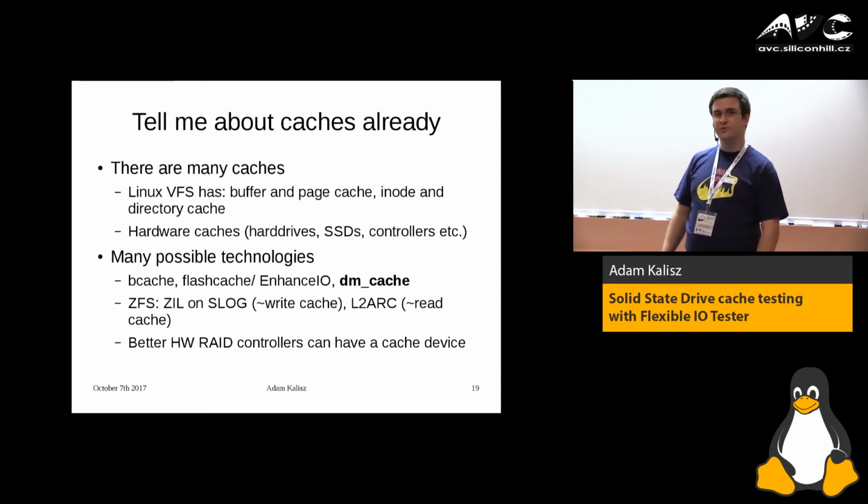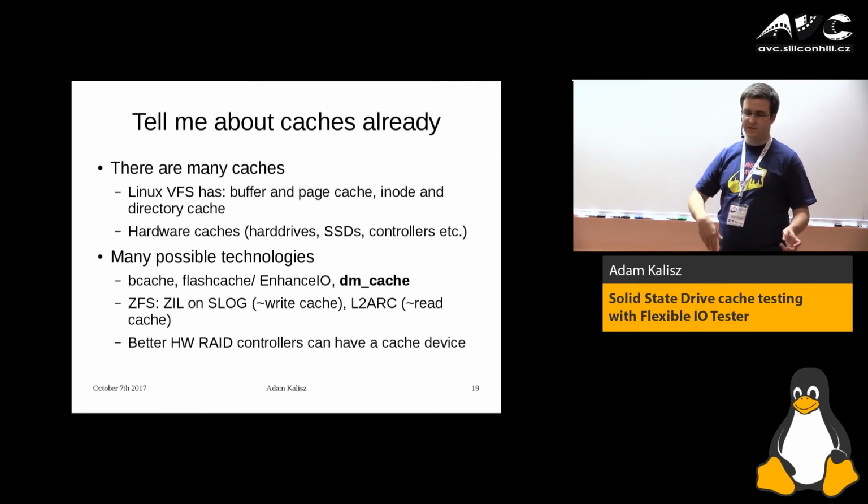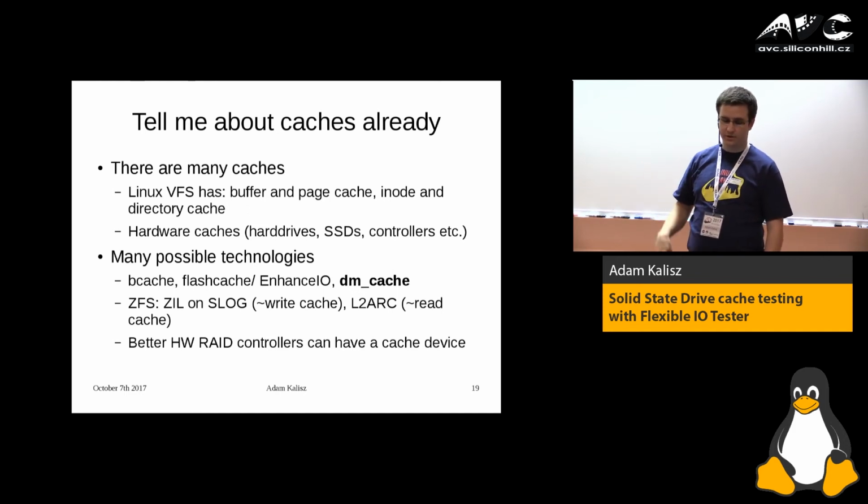If you don't use the typical file systems, you may think about ZFS. It also has some second level cache, kind of. It has the SLOG, which you can actually put on a separate device like an SSD, some fast device, and it has the L2ARC, which is similar to a read cache.